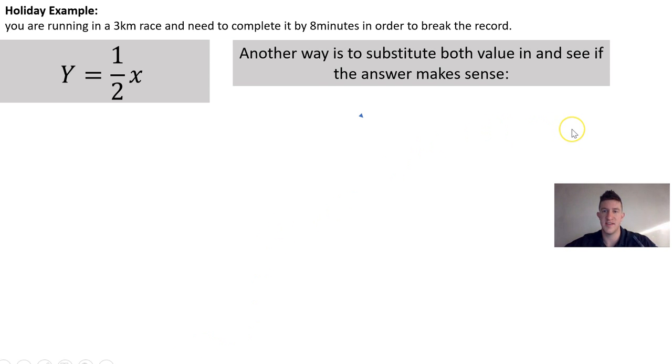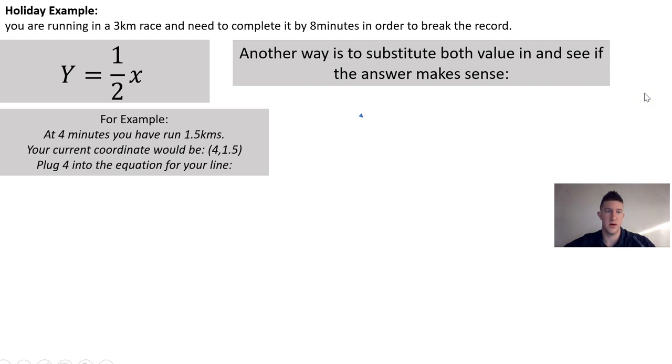Another way to do this is to substitute both values in and see if the answer makes sense. And this is probably the most common method. So, same problem. At 4 minutes I've run 1.5 kilometers. Another way to say this is, is the point 4, 1.5 on the line of this equation?